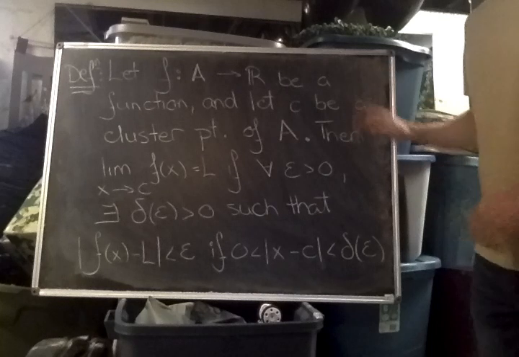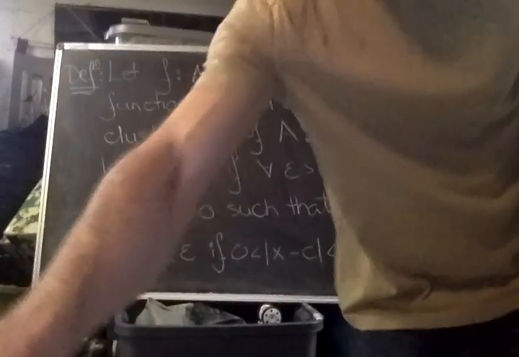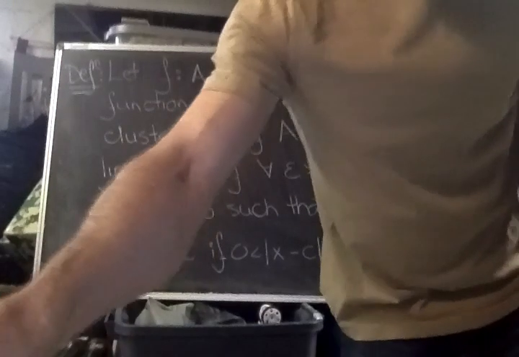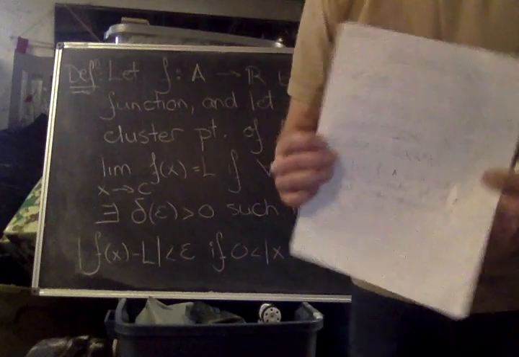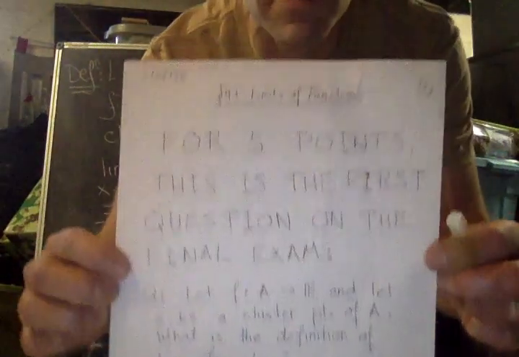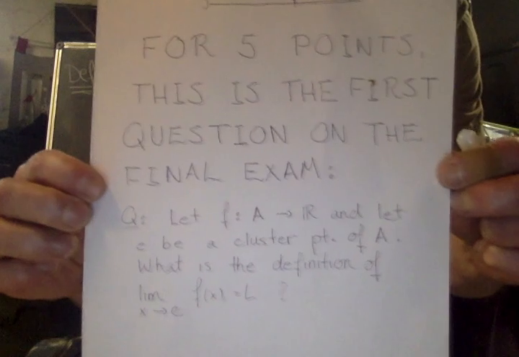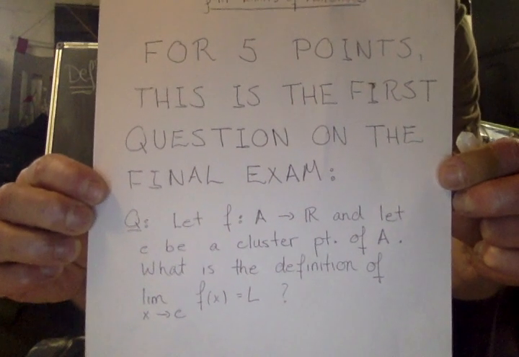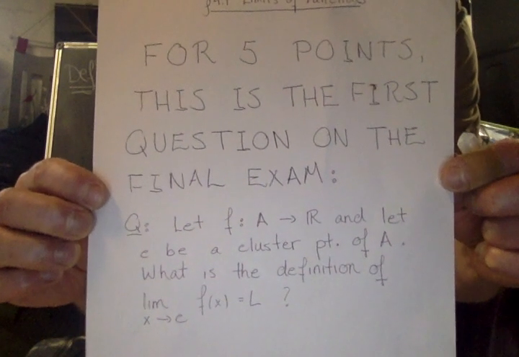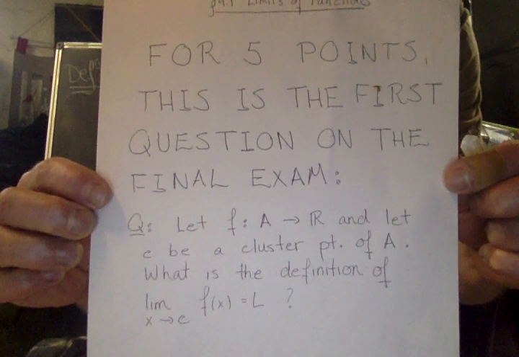I guarantee, and indeed, it says so, right here in the notes, which have already been posted on the internet, for 5 points, this is the first question on the final exam.